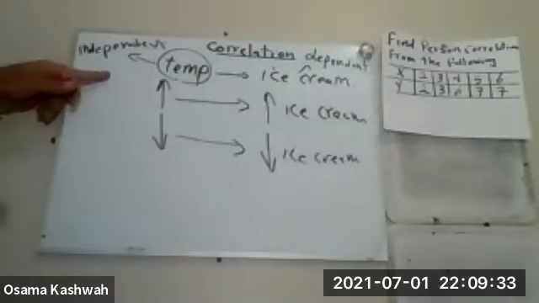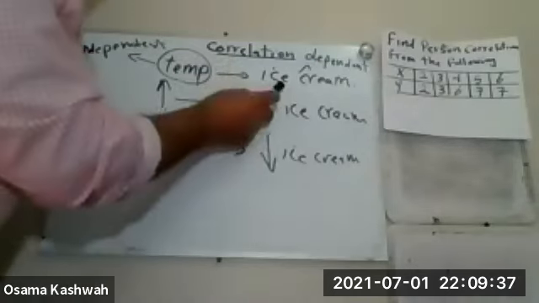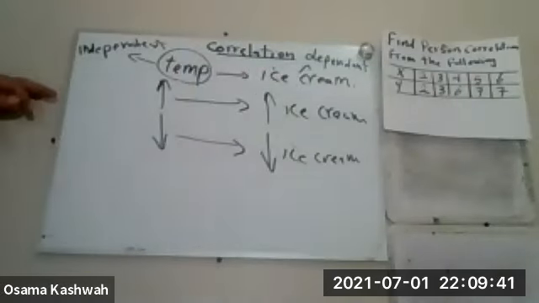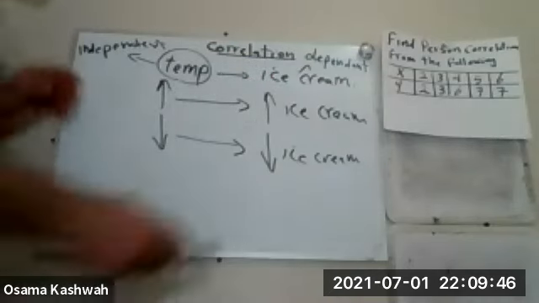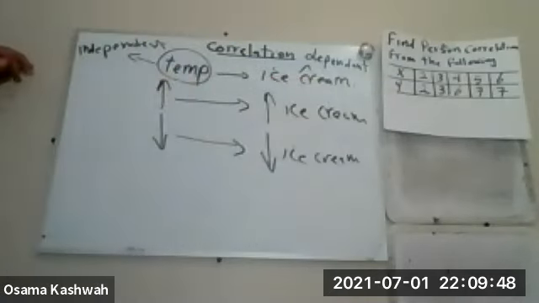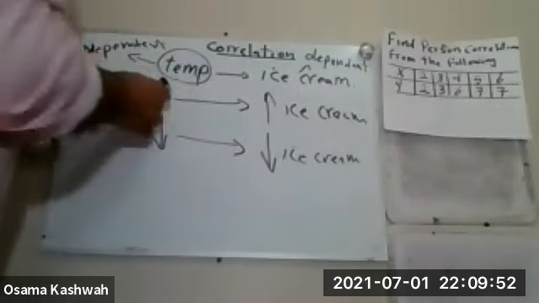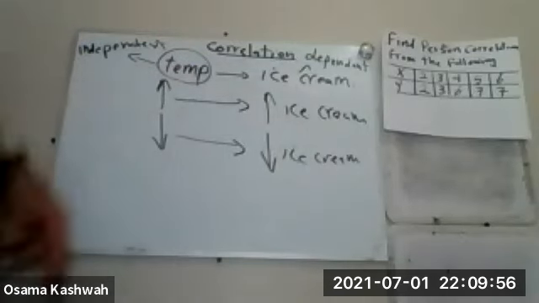The independent affects the dependent and not the opposite. The ice cream cannot change the weather, but the weather can change the sales of ice cream. So this relationship we call correlation.